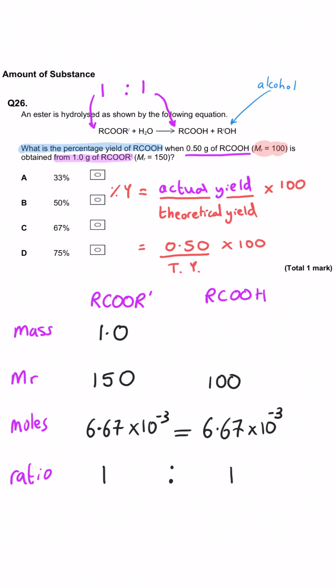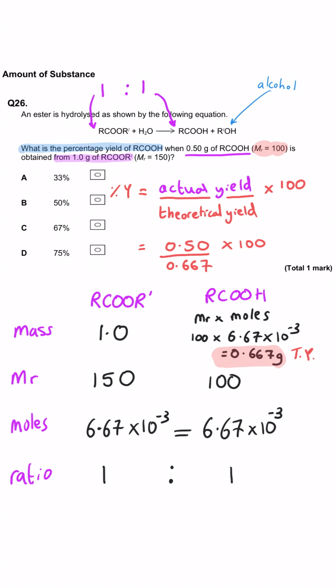The MR of the carboxylic acid is 100, so the mass is MR times moles, and we would expect to make 0.67 grams of our carboxylic acid. So this is our theoretical yield. When you plug that into the percentage yield calculation, you get a 75% yield to whole numbers, and that gives us an answer of D.